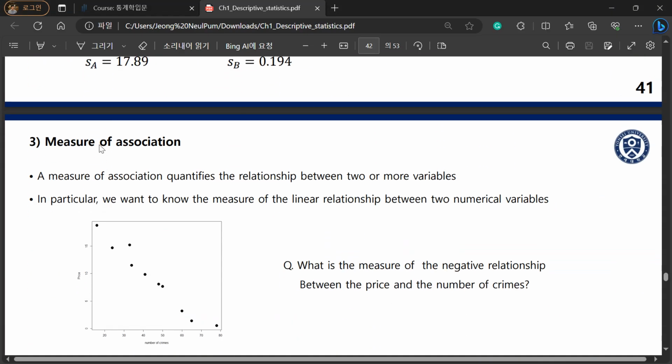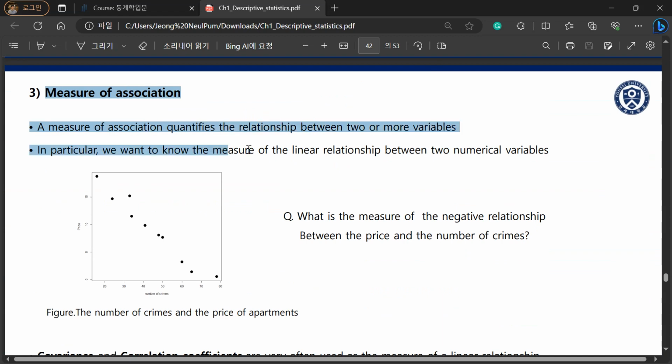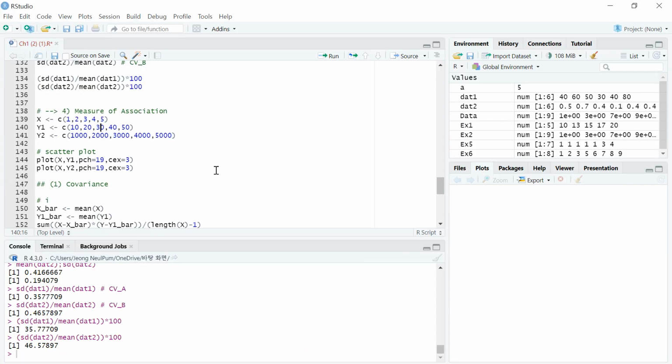And the last thing is the measure of association. As we already did in the last class about scatter plots, where we can see the relationship between two data, it also gives us the measure of association.